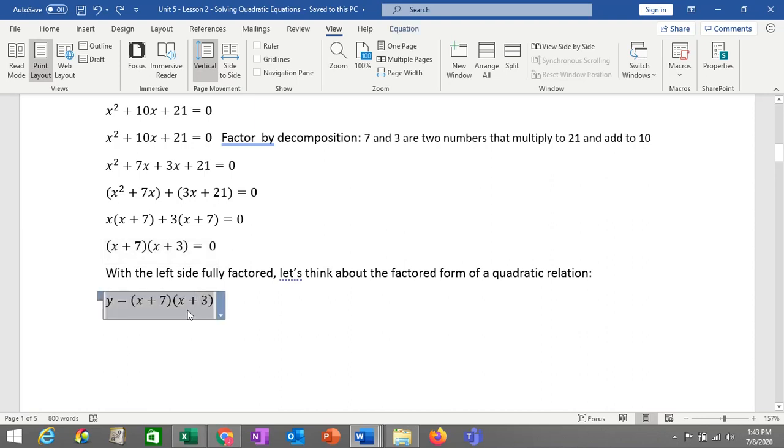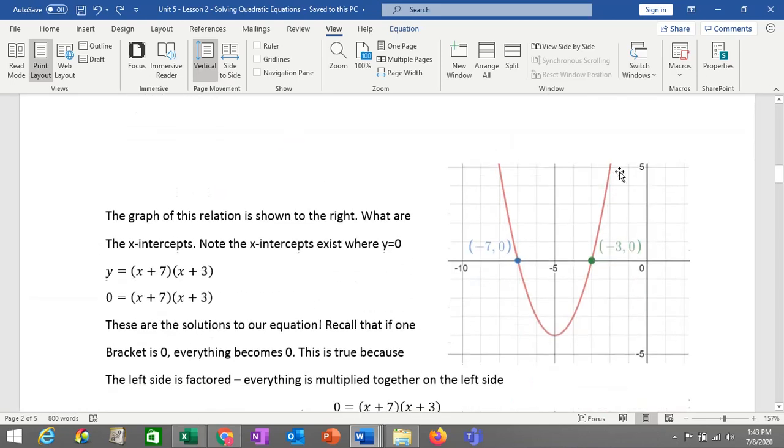a quadratic relation, right, where you have a y and an x and you can create a graph. So you have a 0 over here, but let's just imagine that there was a y there instead for the time being, because then you can graph it, and it will look like that. So that you have an x-intercept there and an x-intercept there, right? So if you have this graph, you have an x-intercept at negative 7 and an x-intercept at negative 3.